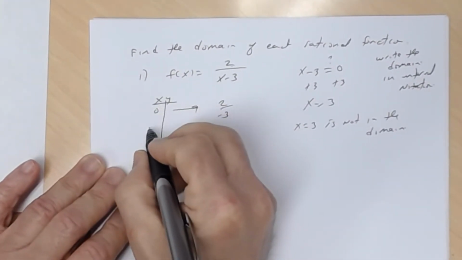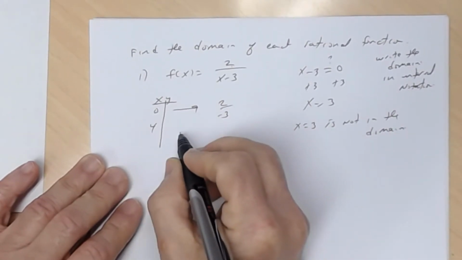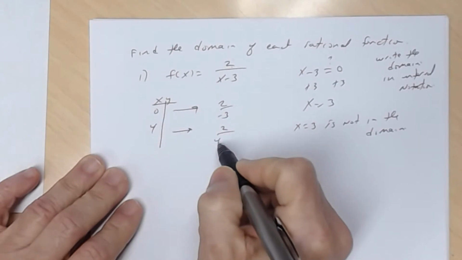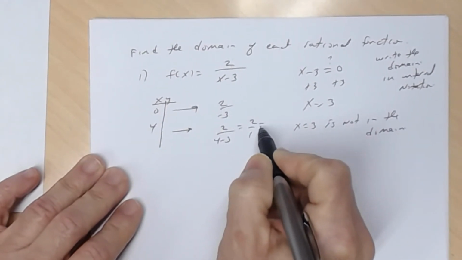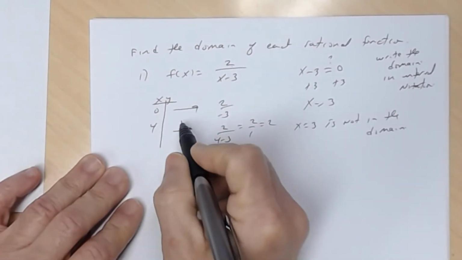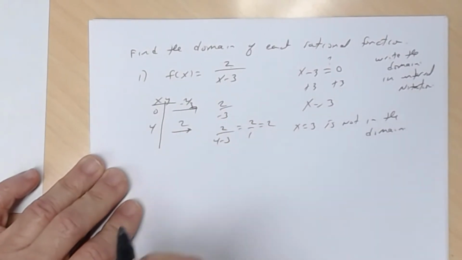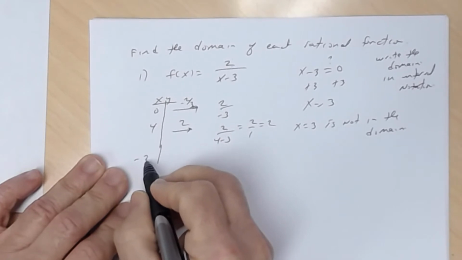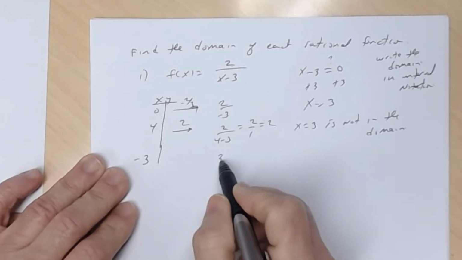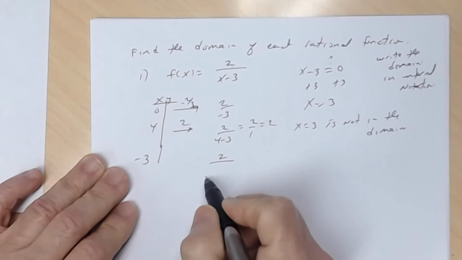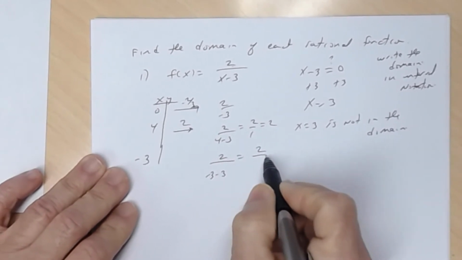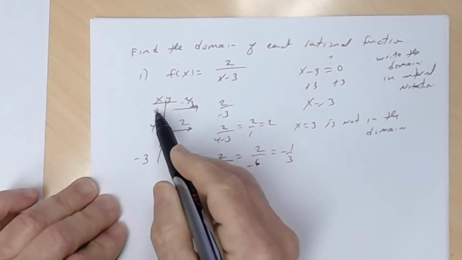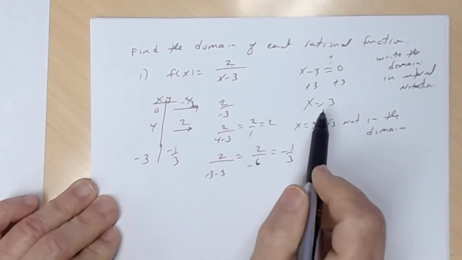If x is 4, I get 2 divided by 4 minus 3, which is 2 divided by 1, which is 2. If x is negative 3, I get 2 divided by negative 3 minus 3, which is 2 divided by negative 6, which is negative 1/3. So I can use any number for x except 3.